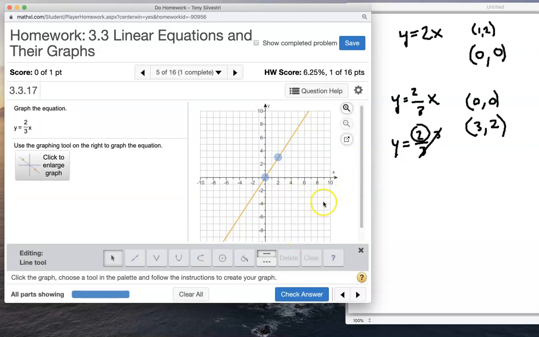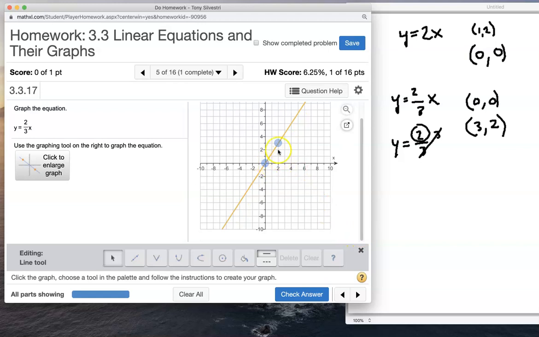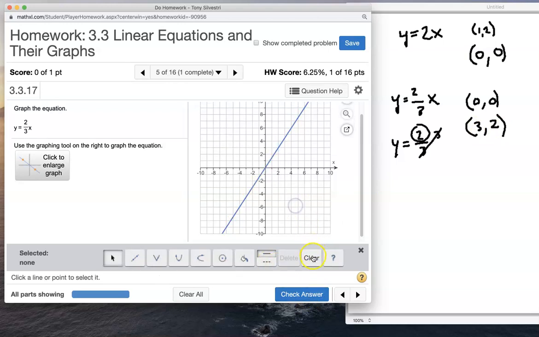Okay, this is okay. It's a good thing we have multiple choices here, because this point is 2, 3. The point I was supposed to plot is 3, 2. So let's clear the problem and start over again. Ooh, I got egg on my face. Okay, 0, 0. Boom.